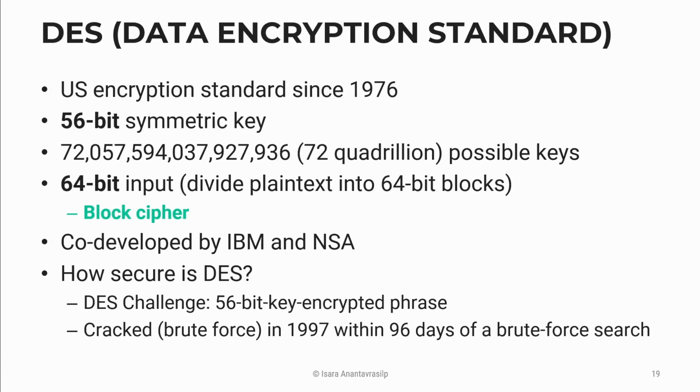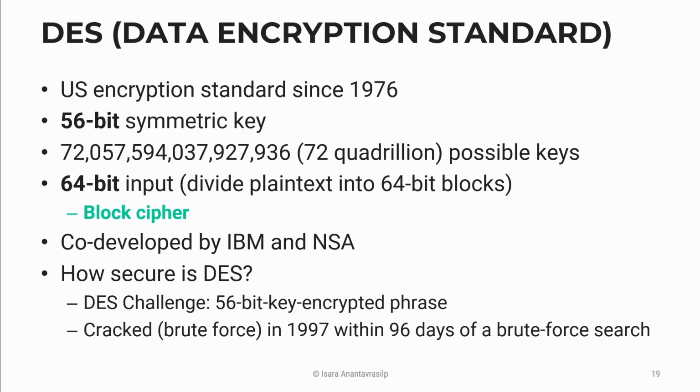So let's just fast forward 2,000 years to the present day, or almost present day. One of the most advanced, or it used to be advanced, encryption algorithms is called the Data Encryption Standard, or DES.